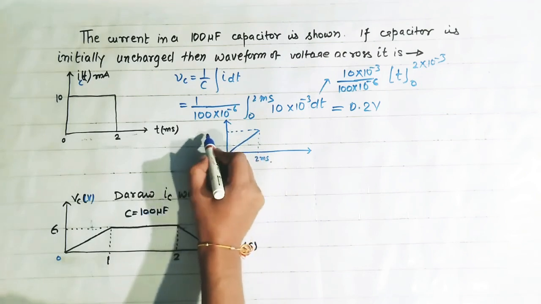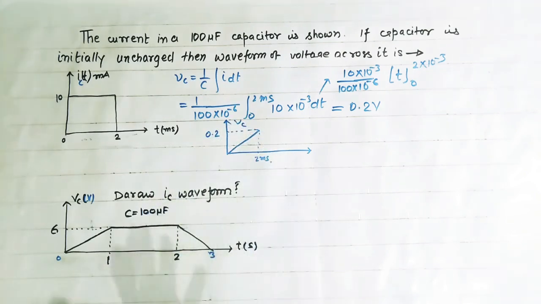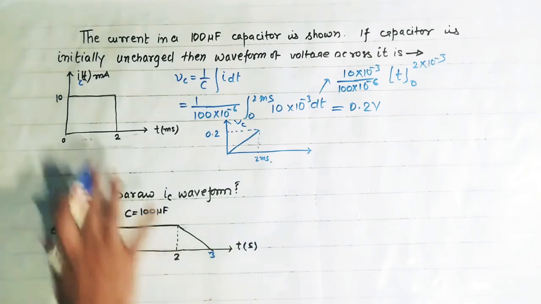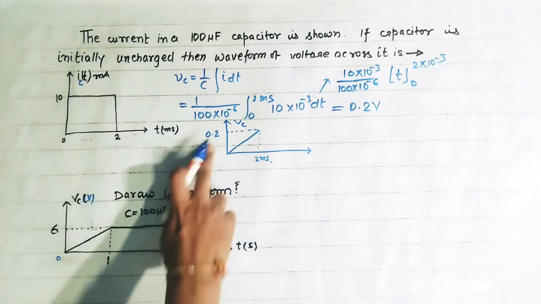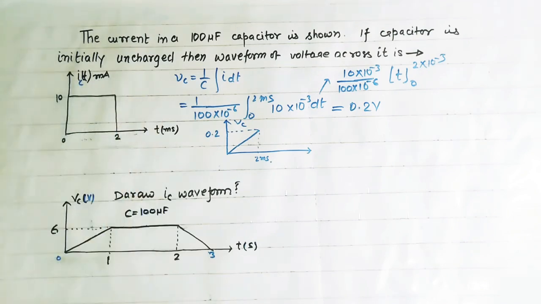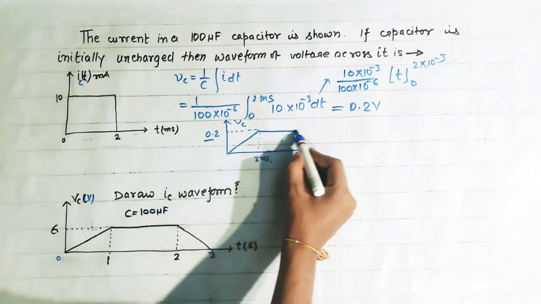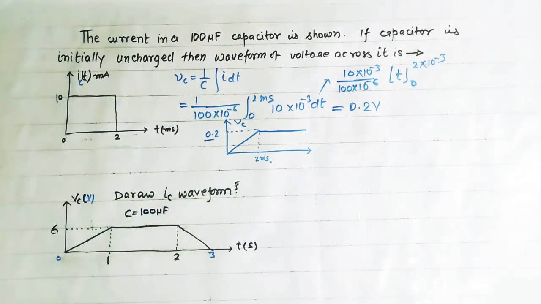After 2 millisecond this capacitor will hold this voltage 0.2 volt, because after that the capacitor current is equal to 0. So this is the waveform of capacitor voltage.